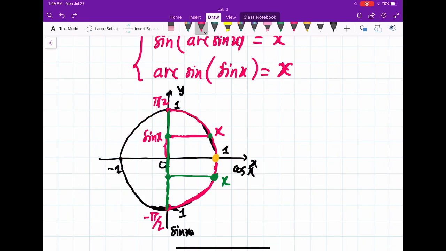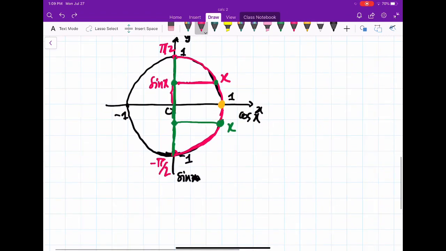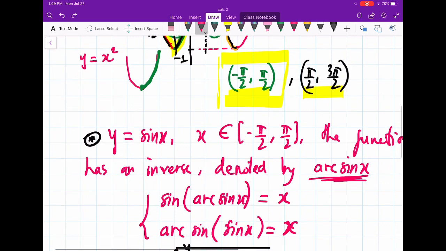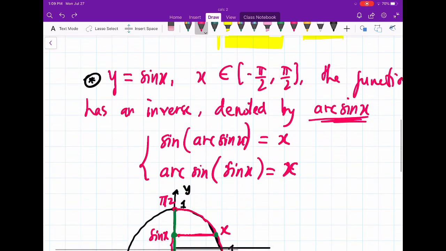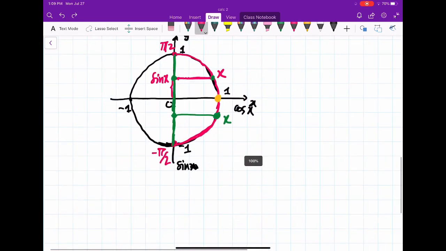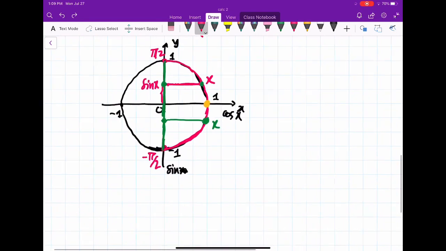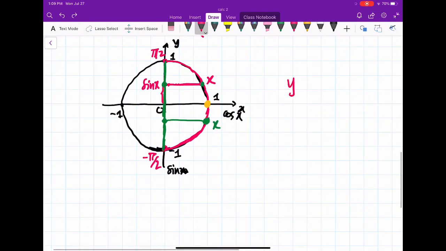Now let's talk about cosine. Again, we can use this picture. Now we don't have to graph the function cosine, okay? We can use this picture to determine the interval where the function y equals cosine has an inverse.